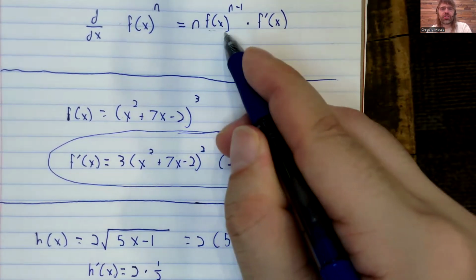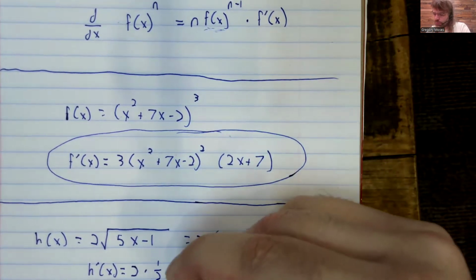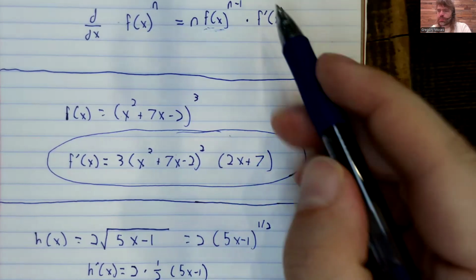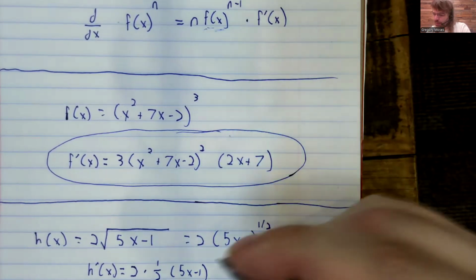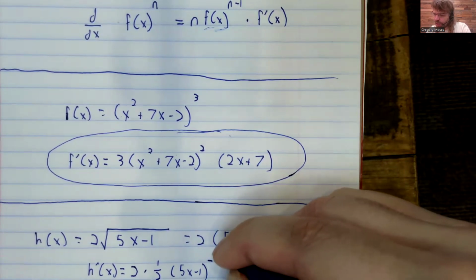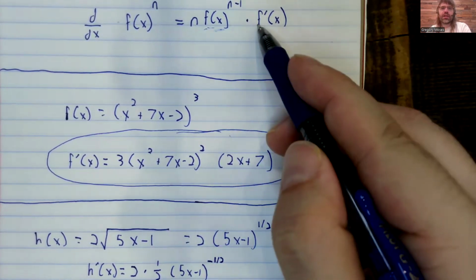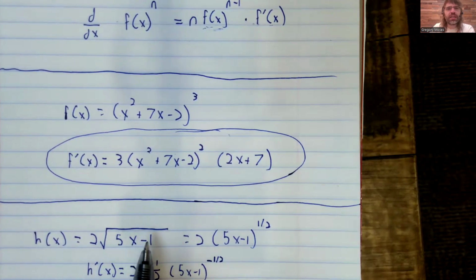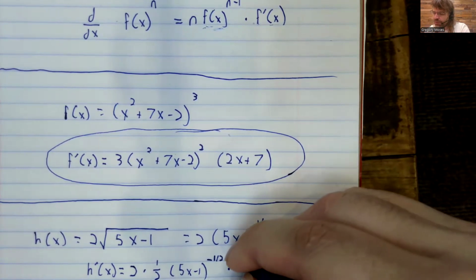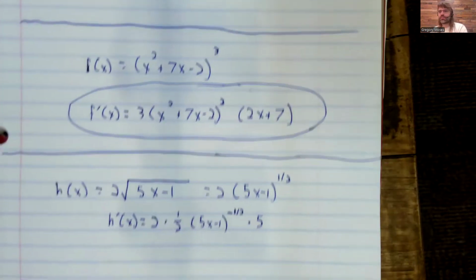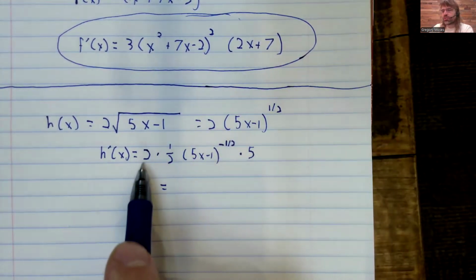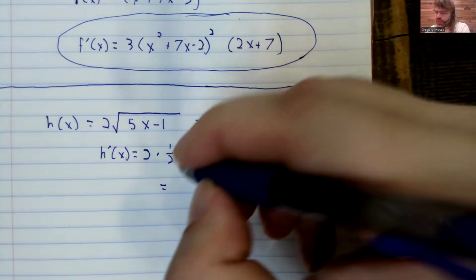We leave the function inside the power alone. We subtract 1 from the power, negative 1/2. And then we multiply by the derivative of the thing inside the power. The derivative of 5x minus 1 is 5. And if we rewrite this a little, of course, the 2 times the 1/2 is 1.